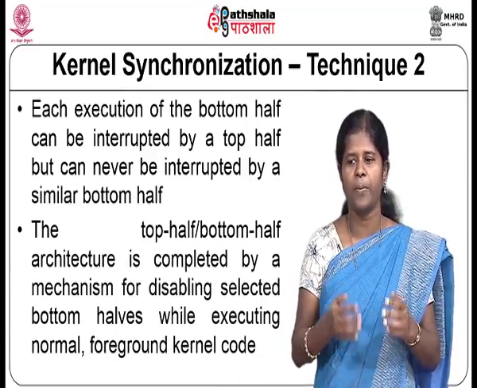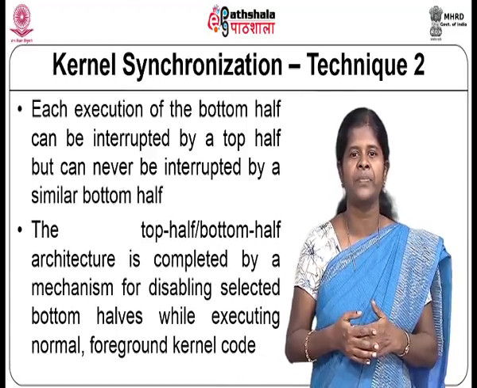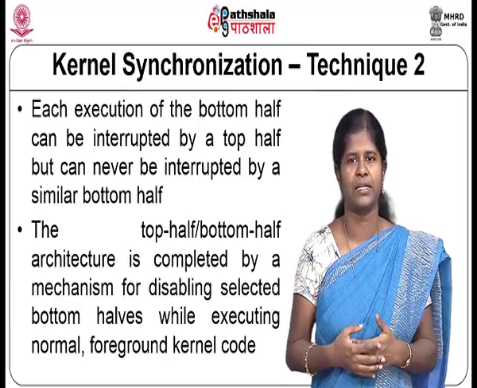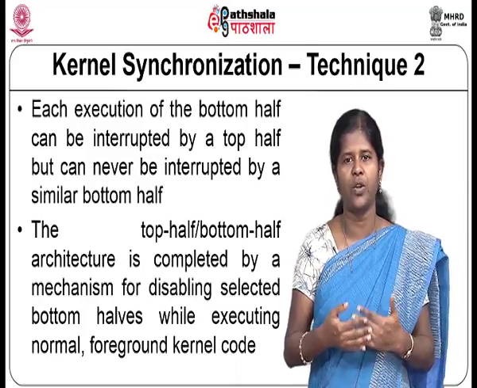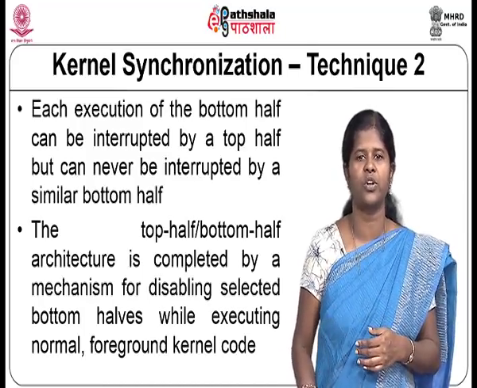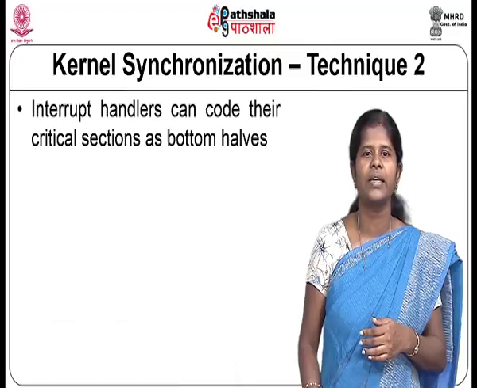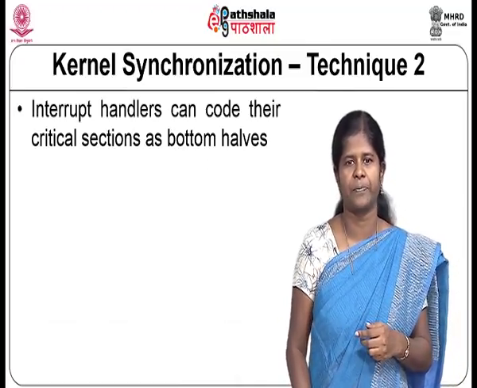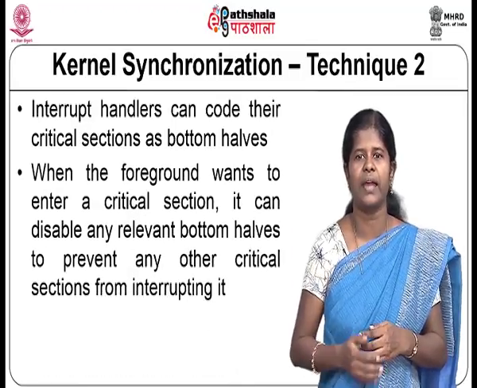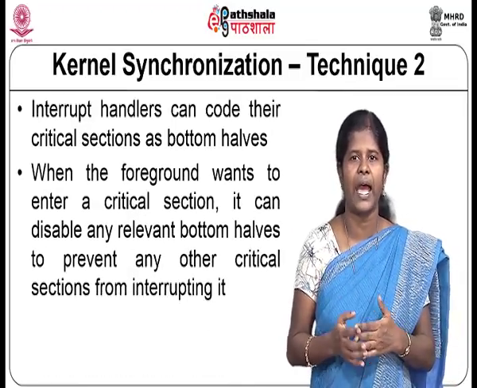This top half, bottom half architecture is completed by a mechanism for disabling selected bottom halves while executing normal foreground kernel code. Normal foreground kernel code is given higher priority compared to bottom half routines, and interrupt handlers can code their critical sections as bottom halves.